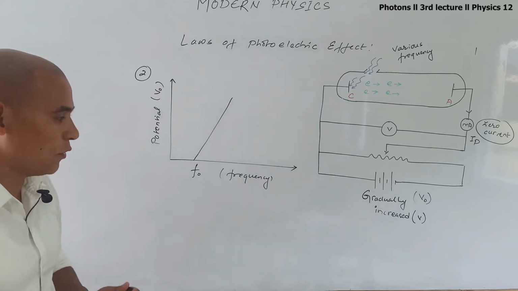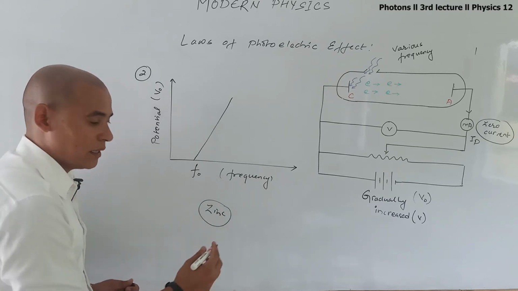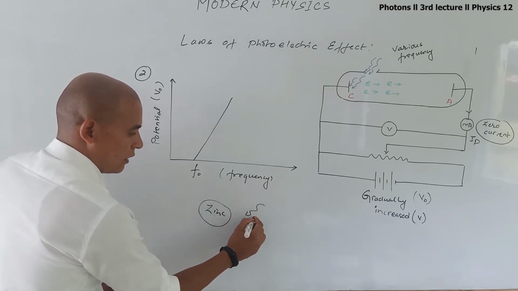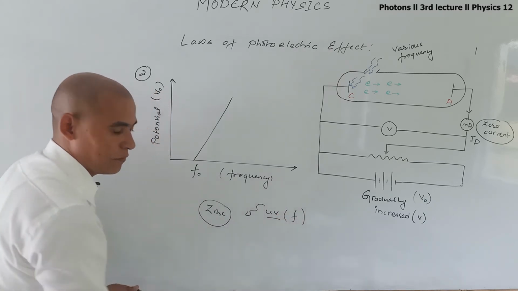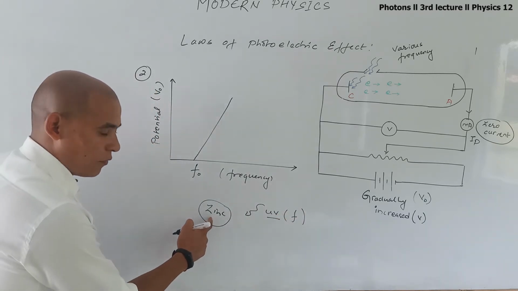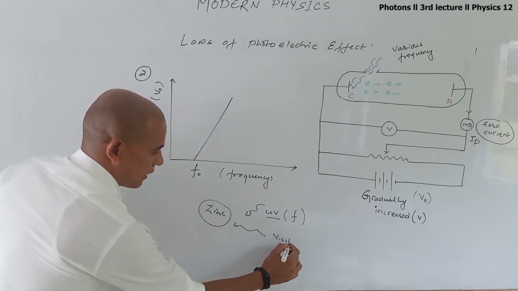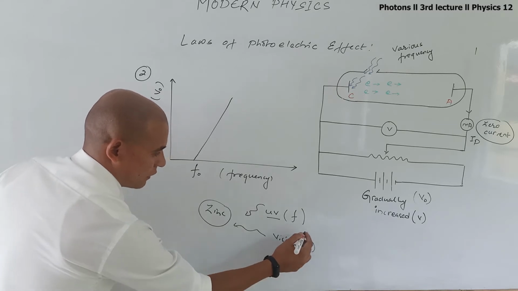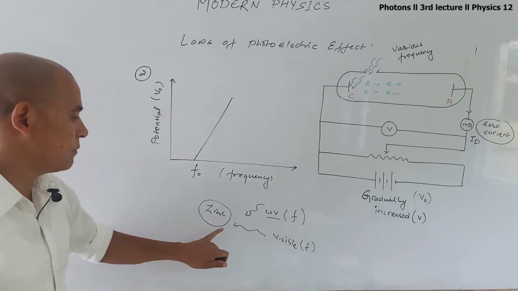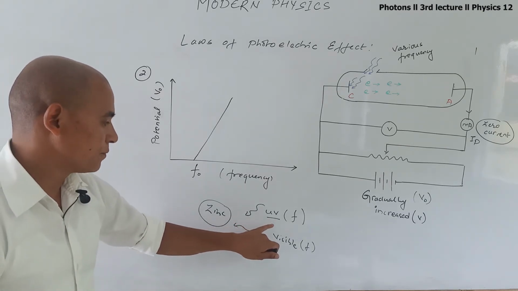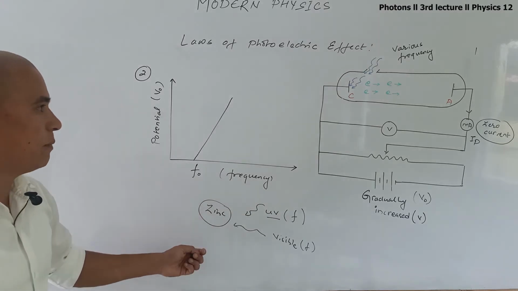For example, zinc metal requires ultraviolet rays, which have a certain frequency f. But for zinc metal, if we use visible light, whose frequency is obviously less than ultraviolet rays, then the photoelectric effect cannot be observed.